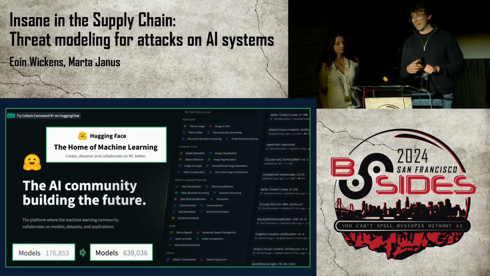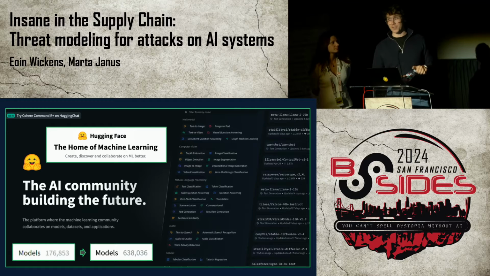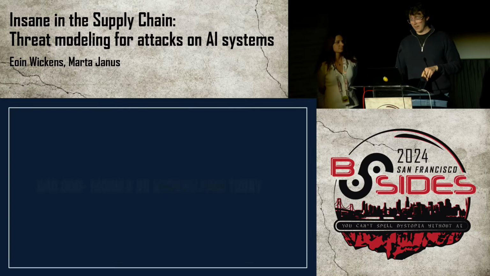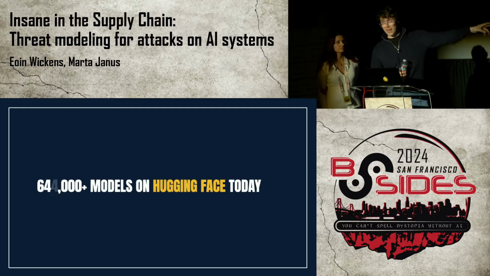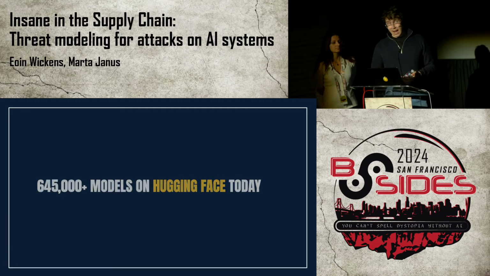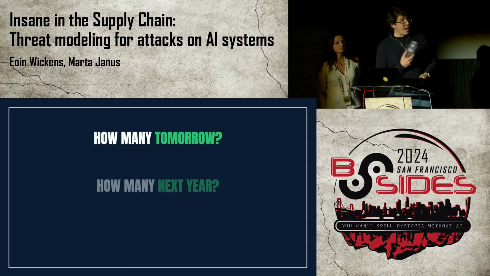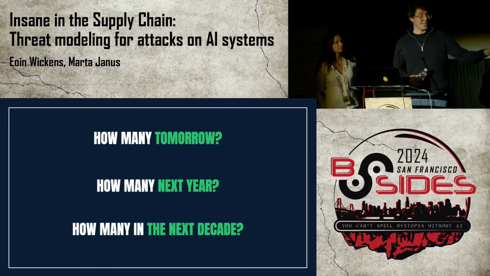This time last year, almost to the day, there were 176,000 repositories up there. Today, there is 640,000, but it's not stopping there. We're seeing that number grow minute by minute, day on day, and we have to ask a few questions. How many tomorrow? How many next year? And how many are going to be there in the next decade? I'm not even going to tell you how long that animation took me to create.